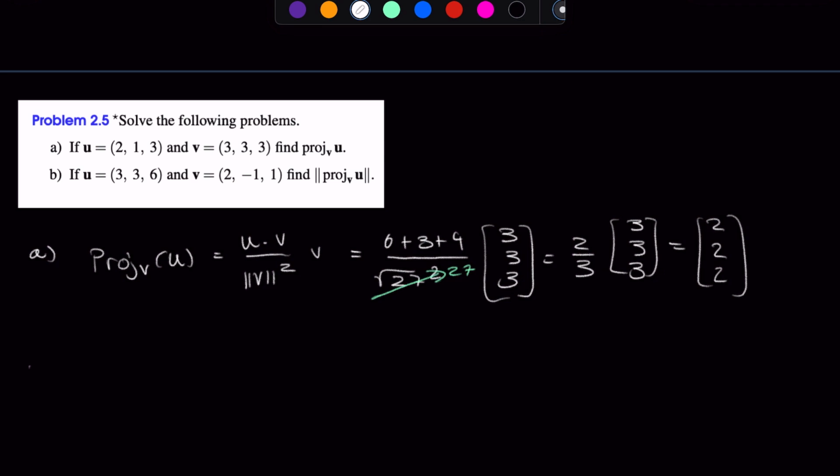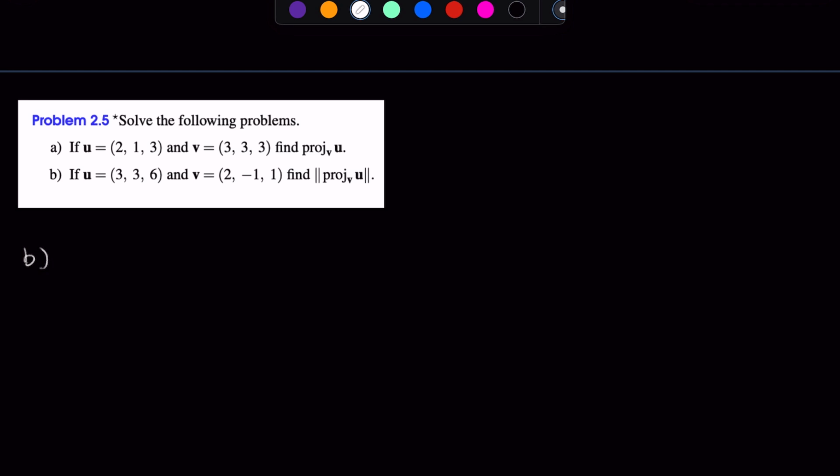Now, B is a bit different because it's asking us to find the magnitude of the projection of u onto v. In other words, it's asking us to find the length of the shadow that u projects onto v. I like to just start off by finding the projection of u onto v, so we can go ahead and do that.